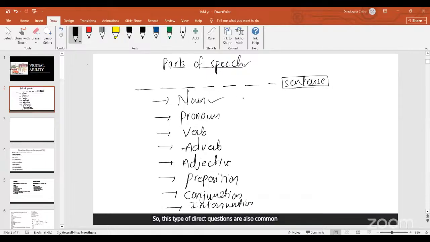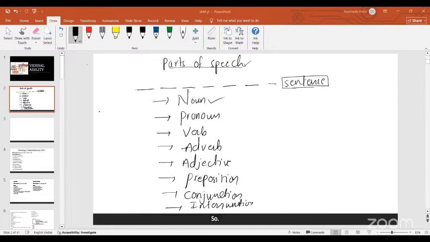So first of all, noun. What is meant by noun normally? Noun is the naming word. It describes the name of a person, name of a place, etc. Yes, anything, any object or place or person, the name which is universally accepted is nothing but the noun.